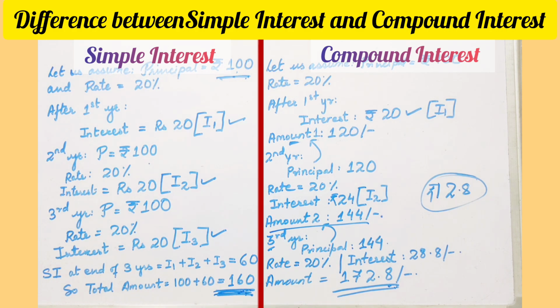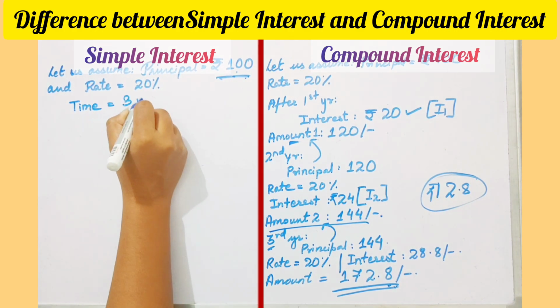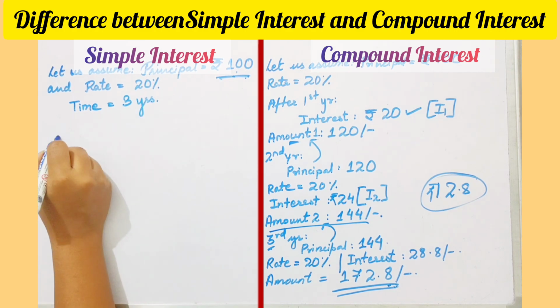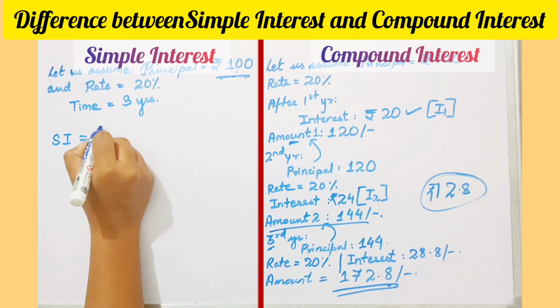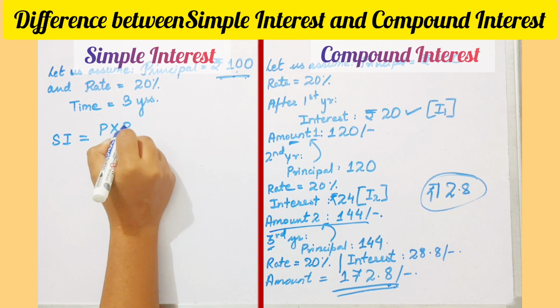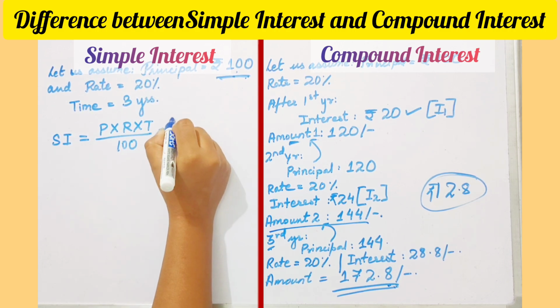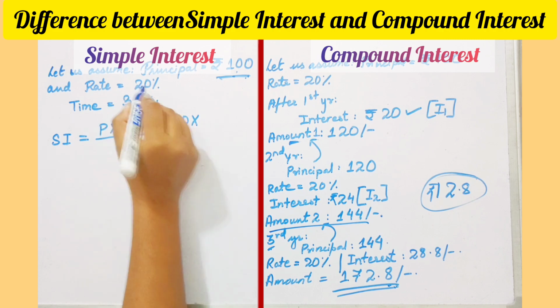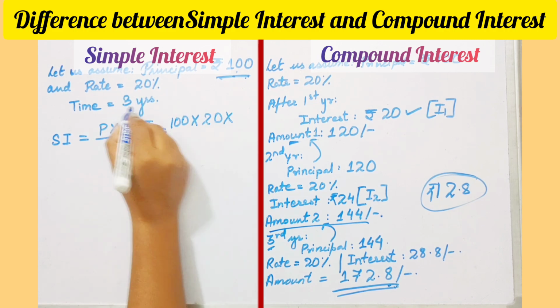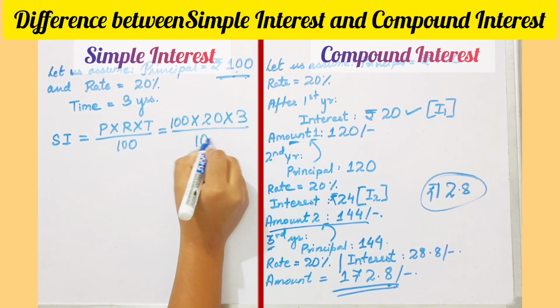I will show you the amounts that we get when we calculate using the formula. Time was 3 years. So when we calculate simple interest, it is P into R into T divided by 100, right? So P is 100 into R is 20% and time is 3 years, divided by 100.